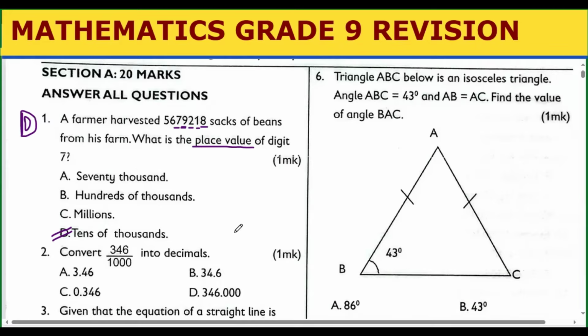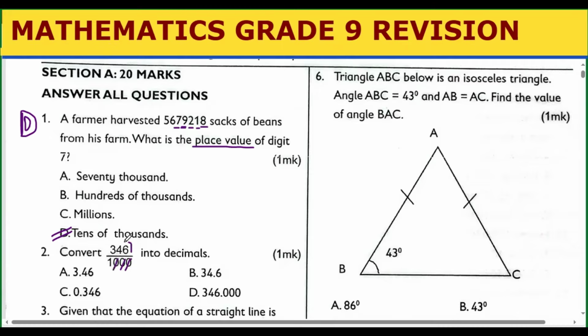Then we go to convert 346 over 1,000 into decimals. This is very simple. Into decimals, just count the decimal notation. So the number of zeros at the bottom gives us the decimal notation from the right. So let's count 1, 2, 3.